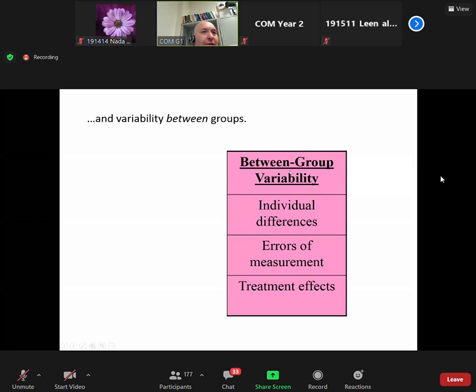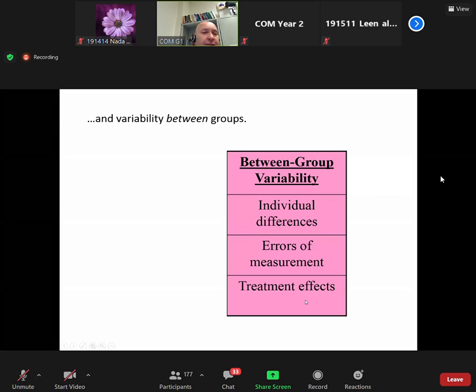Now, this difference between the groups is the between group variability. So how do the means differ? Well, again, this is due to individual differences, which will contribute to that difference, and also errors of measurement. So just like we had before, but also when there's a treatment effect.